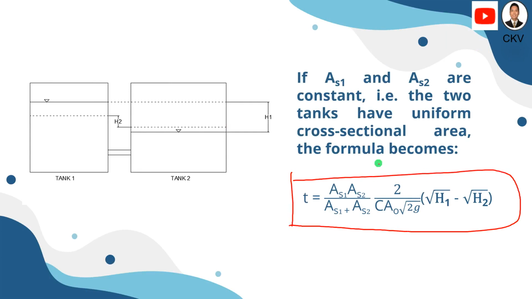So T equals AS1 AS2 over AS1 plus AS2 multiplied by 2 over the coefficient of discharge, area of orifice, the square root of 2G, multiplied by the square root of H1 minus the square root of H2. Okay, so let's now solve some problems.